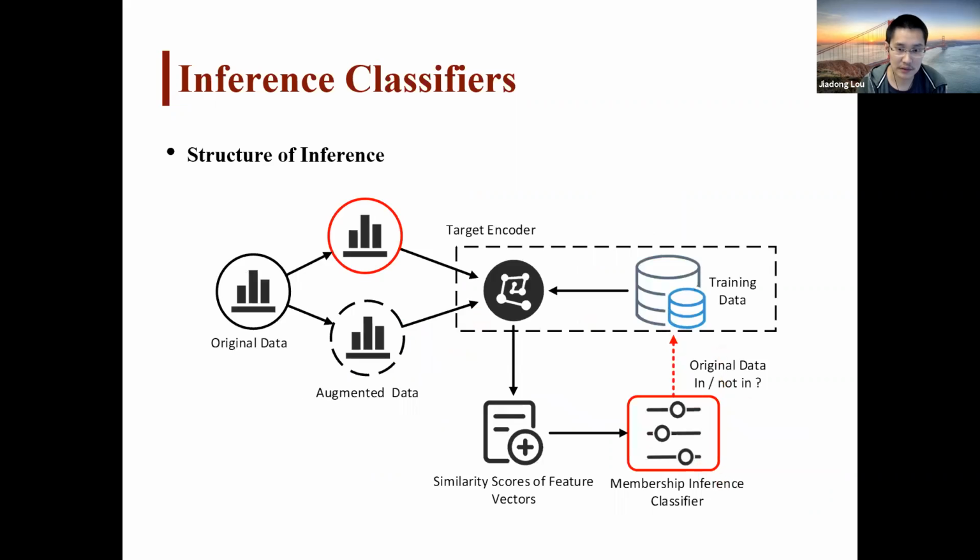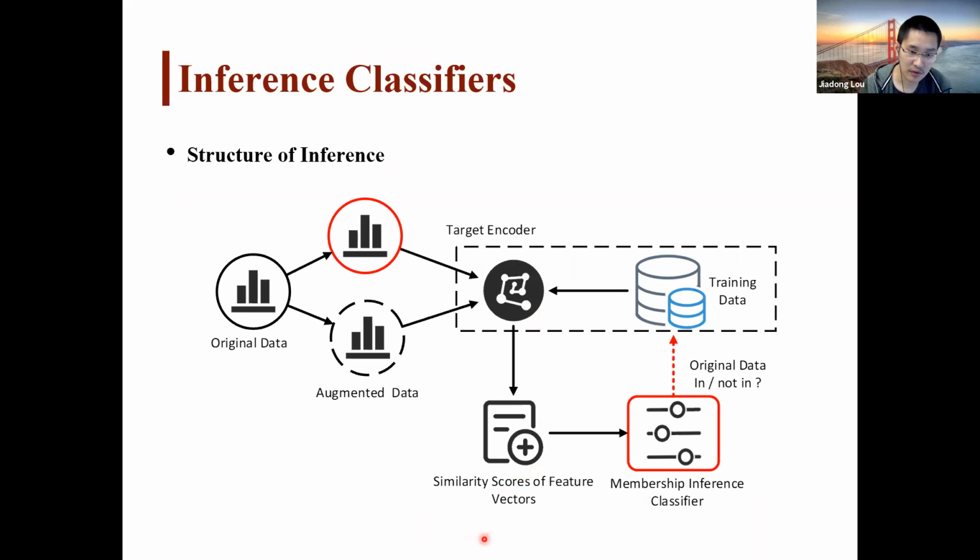So recall that this is the attack process of their membership inference attack. All the processes in the previous slides are used to train this inference classifier. Then in the real attack, when we get original data, we create some augmented data versions and input them to the target encoder.